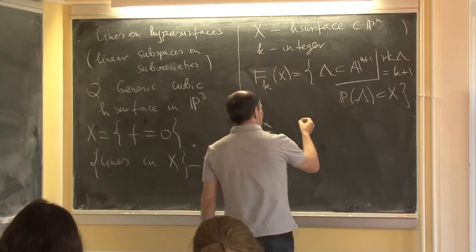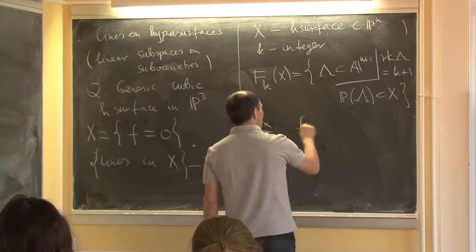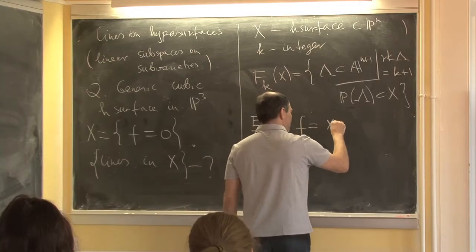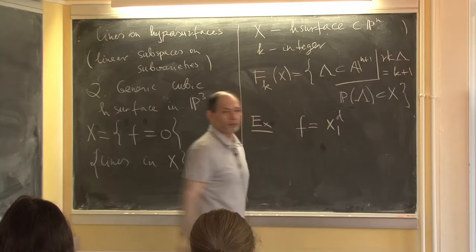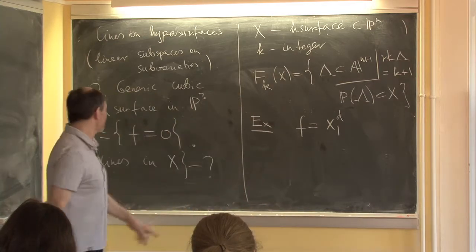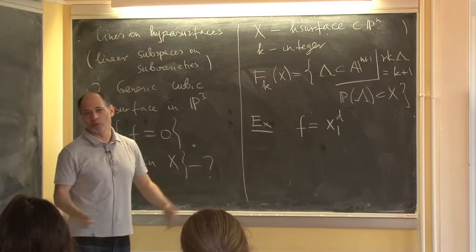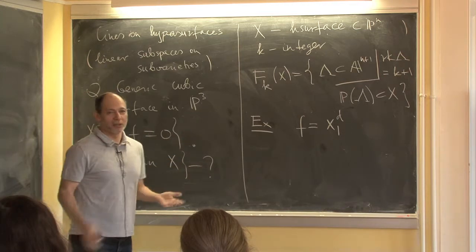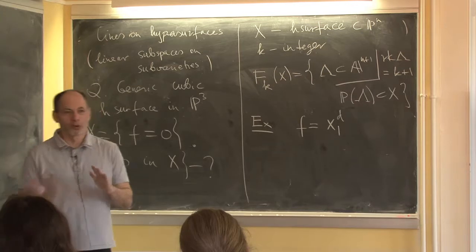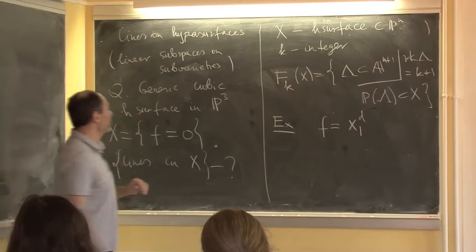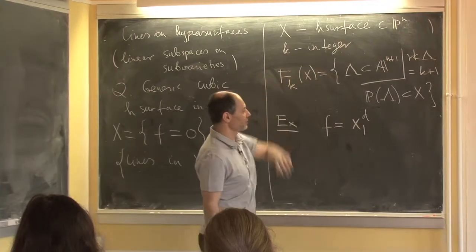For example, let f be just x_1 to the power d, right? That's a degree d homogeneous polynomial, so that's the zero set. Of course, it's very ugly, but still it's a d-fold hyperplane in projective space.